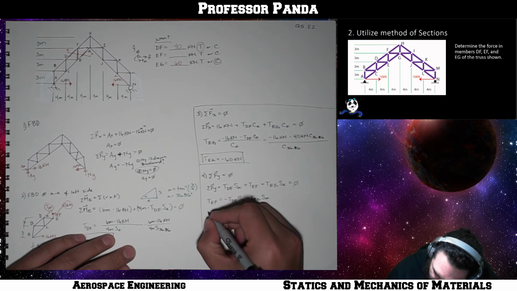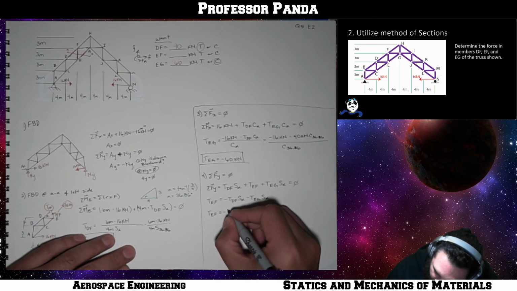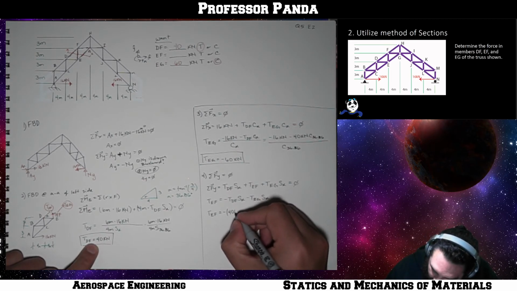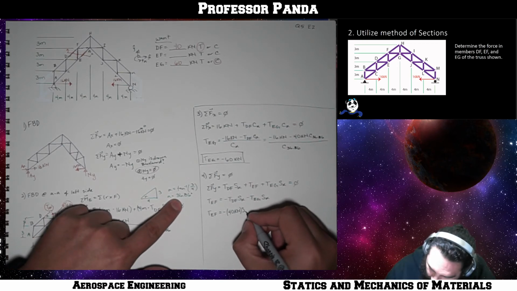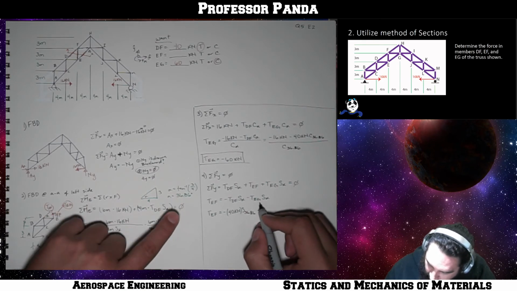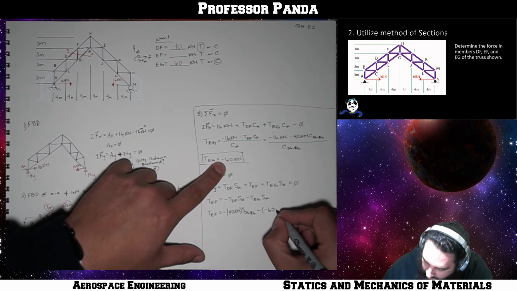Let's do it right underneath so it's very clear what happens here. So negative, what is TDF's value? 40 kilonewtons. Sine of 36.86 minus, what's TEG's value? That's negative 60 kilonewtons.